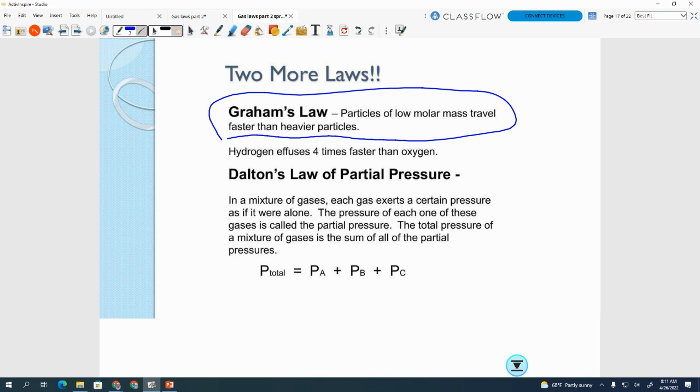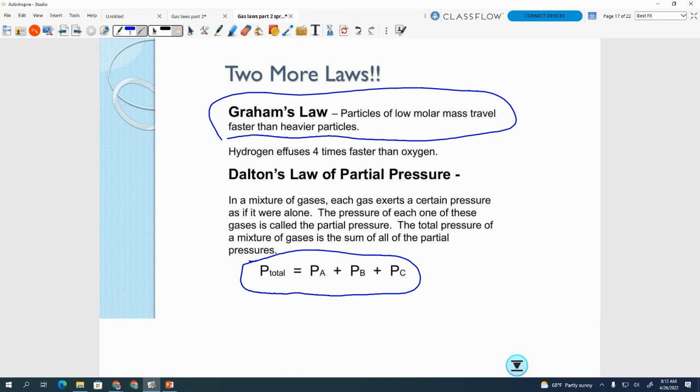All right. And then the last one, and this one we will do some calculations with, Dalton's law of partial pressure. Dalton's law of partial pressure says that if you have a container with a mixture of different gases in it, the total pressure of that container is the sum of all the other pressures in it.